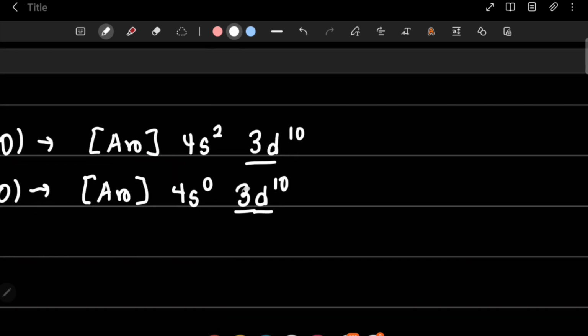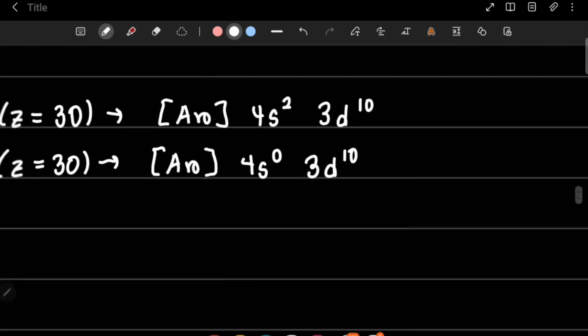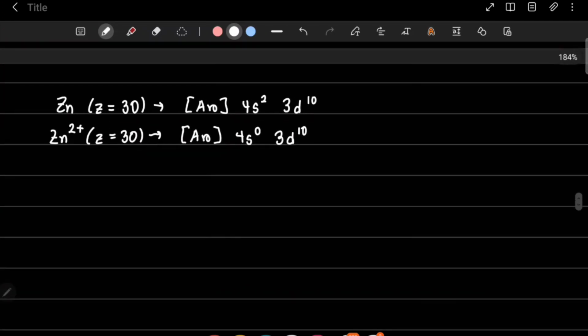So when we remove an electron, it is removed from the 4s subshell since it's the outermost subshell, even though it's not the highest energy subshell. So in this case, the opposite happens. We have a full 3d, a full d subshell. Therefore, zinc is not a transition metal element.